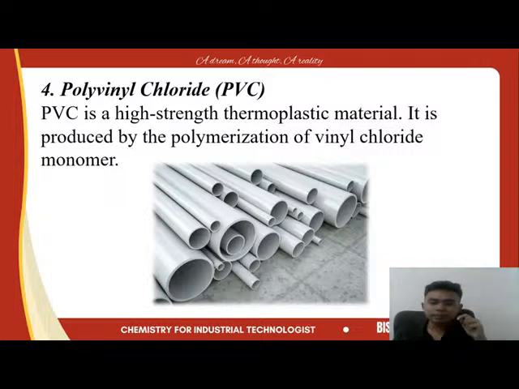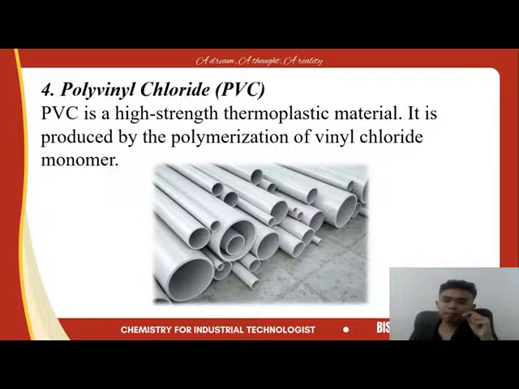It has replaced several conventional building materials such as wood, metals, concrete, rubber, ceramics, and others in a variety of applications due to its versatile properties such as lightweight, durability, low cost, and ease of processing. Aside from being cheap, it's also lightweight and durable compared to some materials that we commonly use.